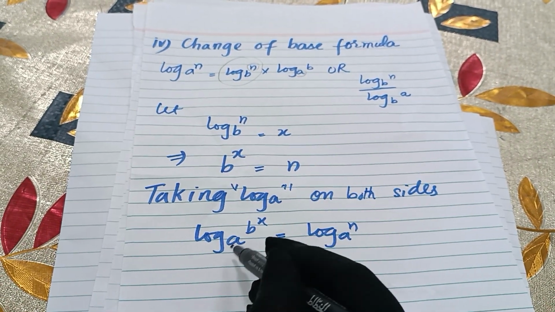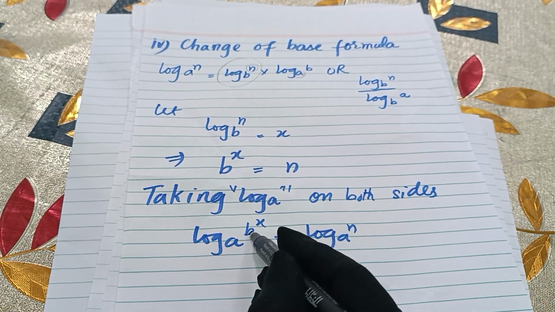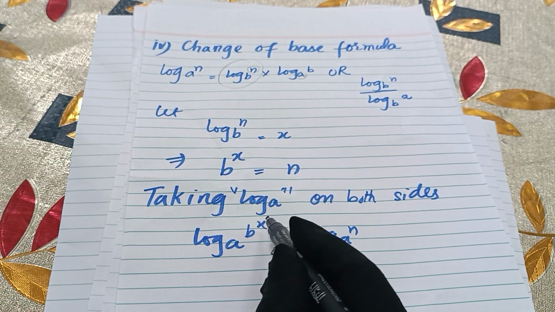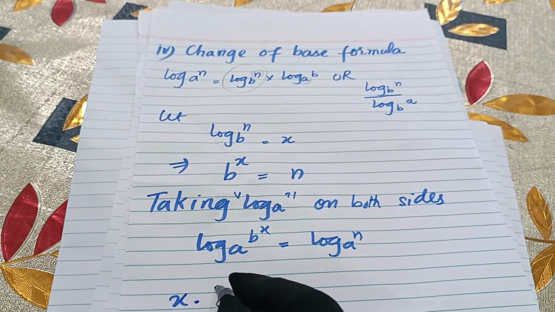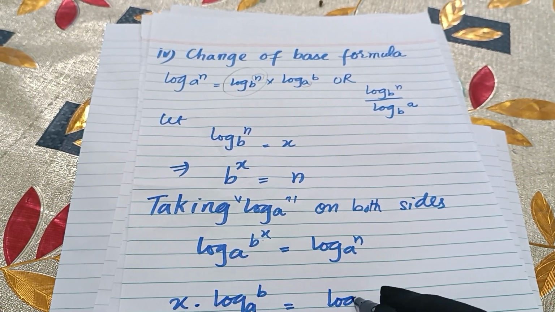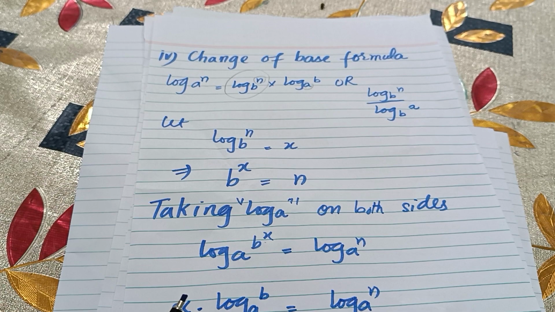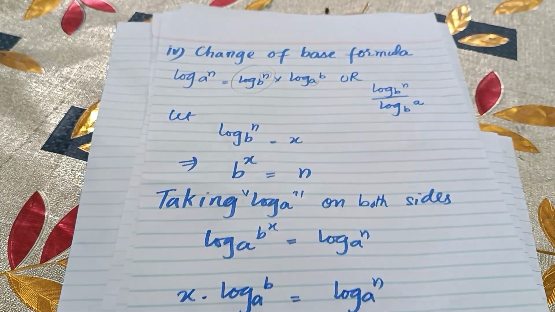We know from the previous law that when any number with a base already has an exponent, that exponent will come and be written at the start. So x log a b is equal to log a n. Replace the value of x over here, which we have taken as log of n with base b.